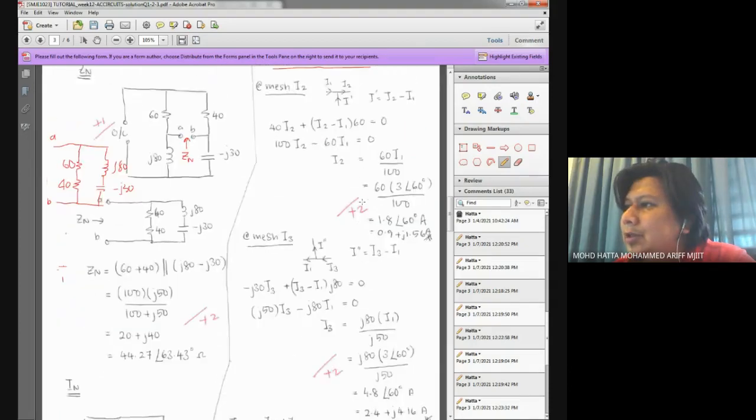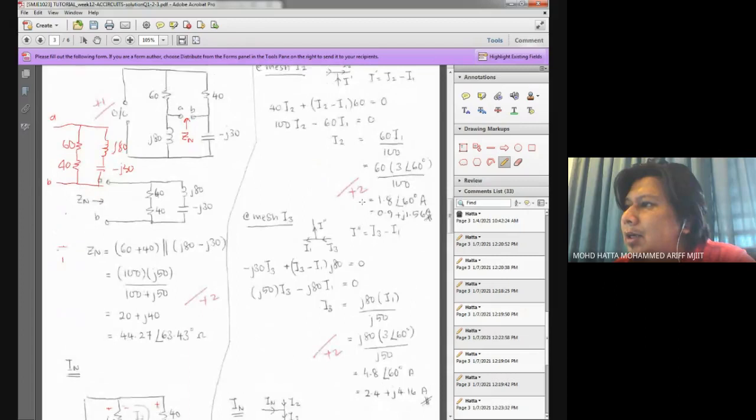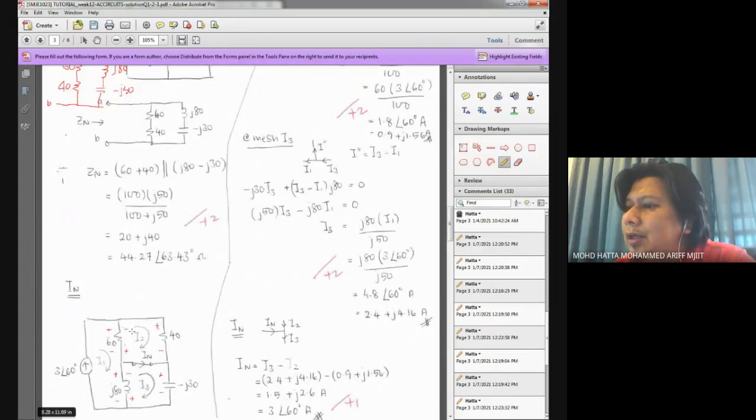And for mesh I2, the second mesh, I have to set up Kirchhoff's voltage law around this loop. I have 2 elements over here, and the current flowing through here is I2. However, the current here is not I2 anymore. Maybe I label this one as IY.